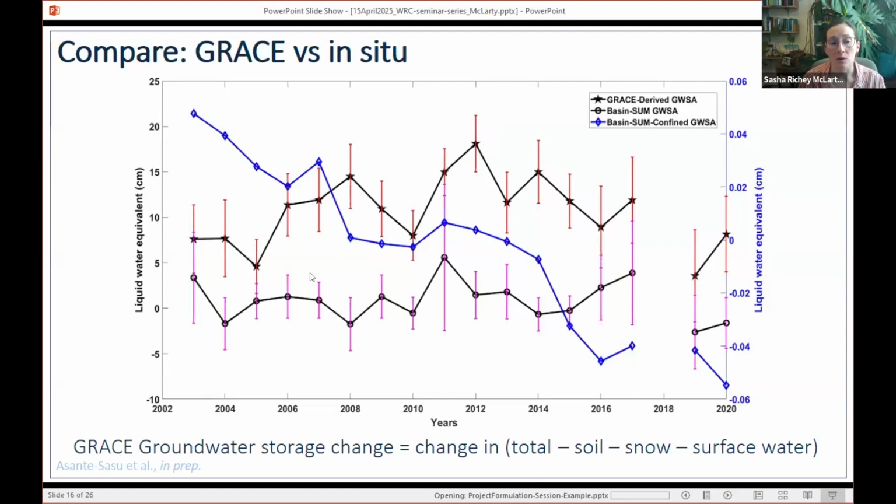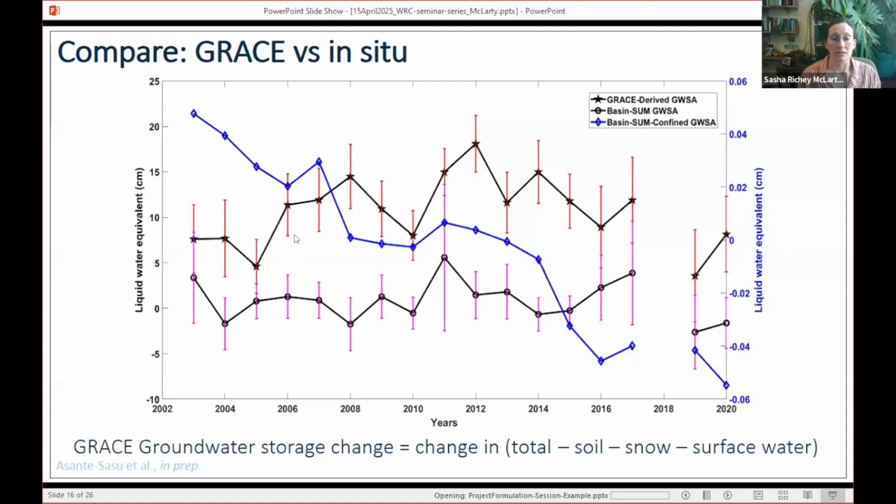Another thing to note is that where these red and pink confidence intervals overlap, the GRACE observations and the cumulative groundwater observations from wells, these time series are statistically essentially the same. And where they don't overlap, they are statistically different. And that's the case for most of these years.